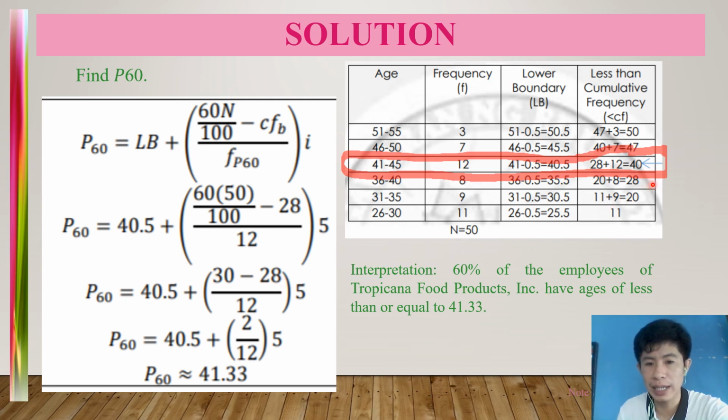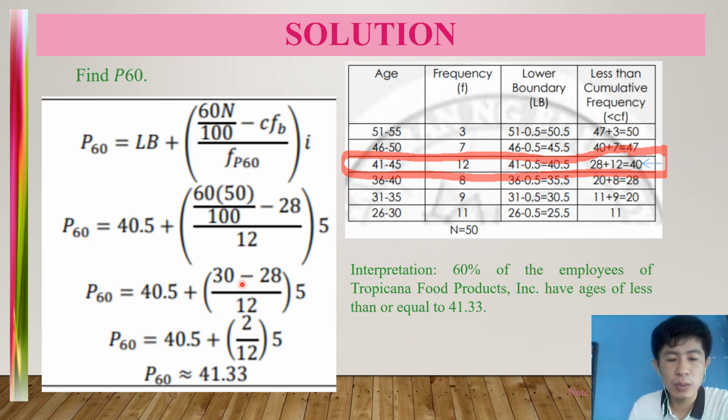Yan yung kukunin natin. So, if ever na malito kayo sa part na to, kailangan tandaan na etong number na to must be less than 30. Mas maliit siya compared dito. Siya yung pinakamalapit dito sa 30, pero mas maliit dapat siya. Hindi pwedeng kunin yung 20, hindi pwede yung 47. Dapat yung 28 lang.